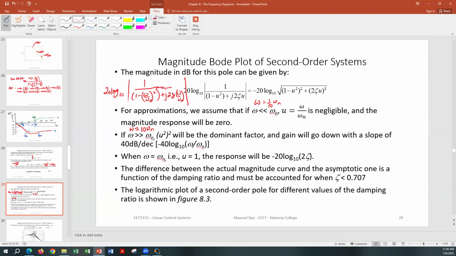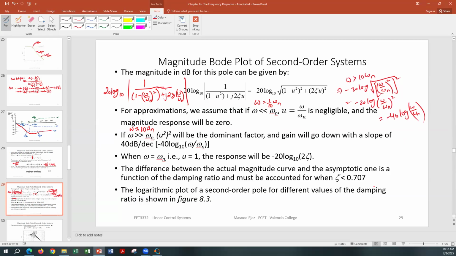So basically, if omega is greater than 10 times omega n, we assume this factor becomes negative 20 log of the square root of (omega over omega n) squared, squared. The square root and the square cancel out, and you're going to have negative 20 log of (omega over omega n) squared, which will be negative 40 log of omega over omega n.